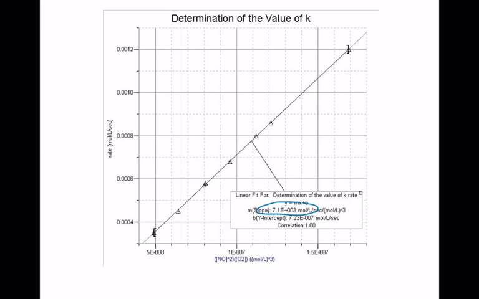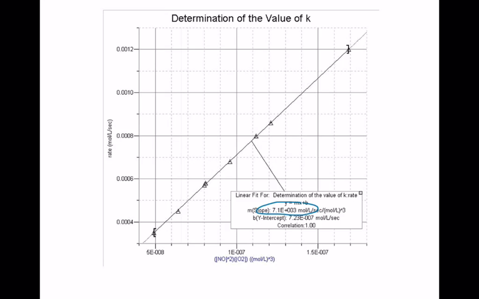And actually, we can kind of unpack moles per liter, and that would be liters squared per moles squared per second. So that will be the units for K if your overall reaction order is 3.